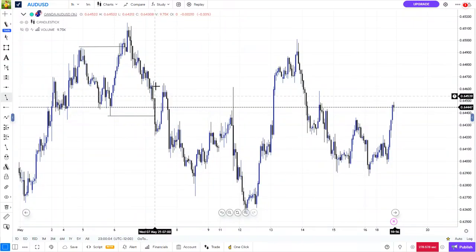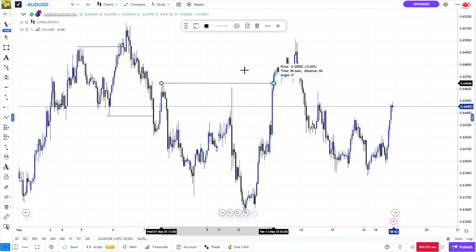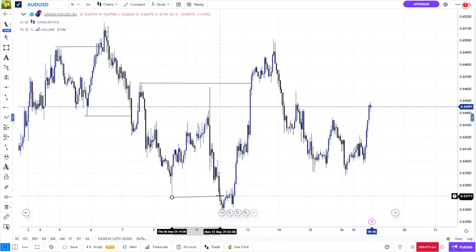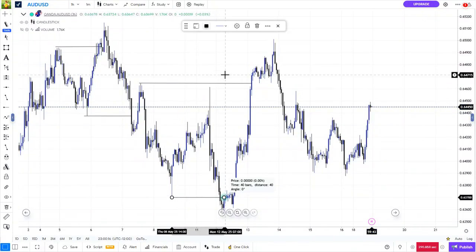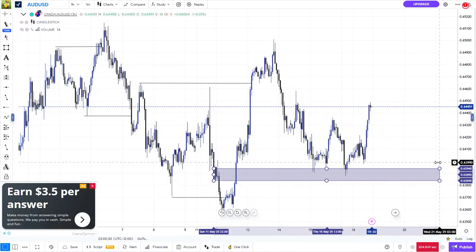So this is a minor trend within the overall trend, and we have this outside low here. So this is a break of structure, a shift, and this is a sell side liquidity. Within the sell side liquidity, we had this other block right here, which is what we intended to play the continuation with.